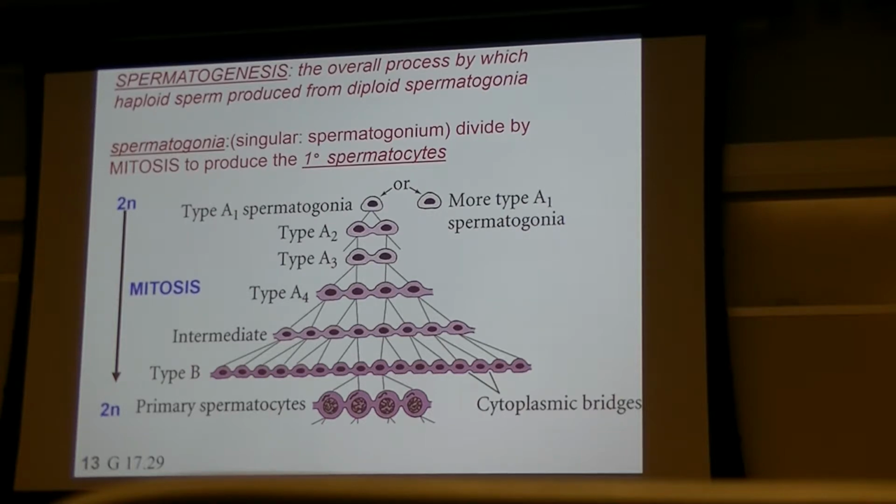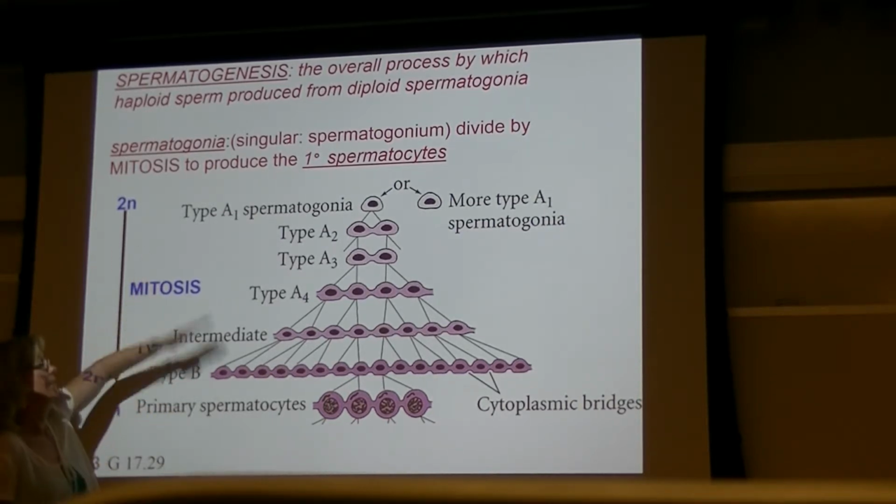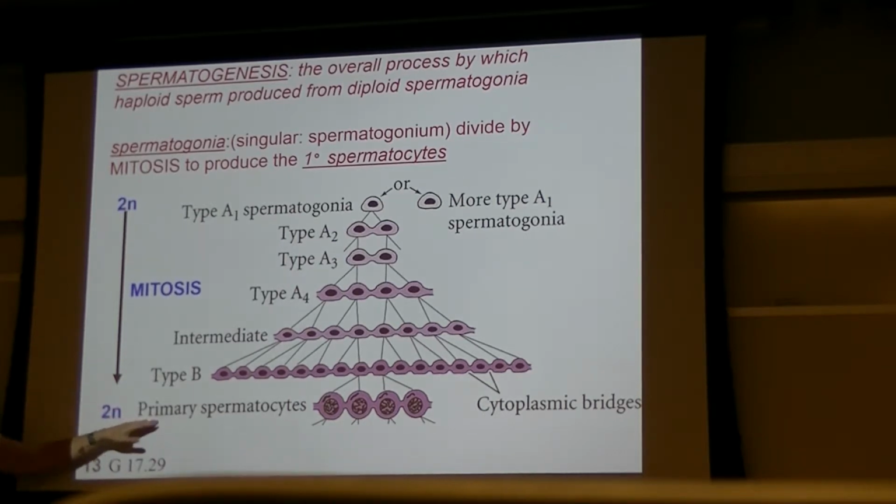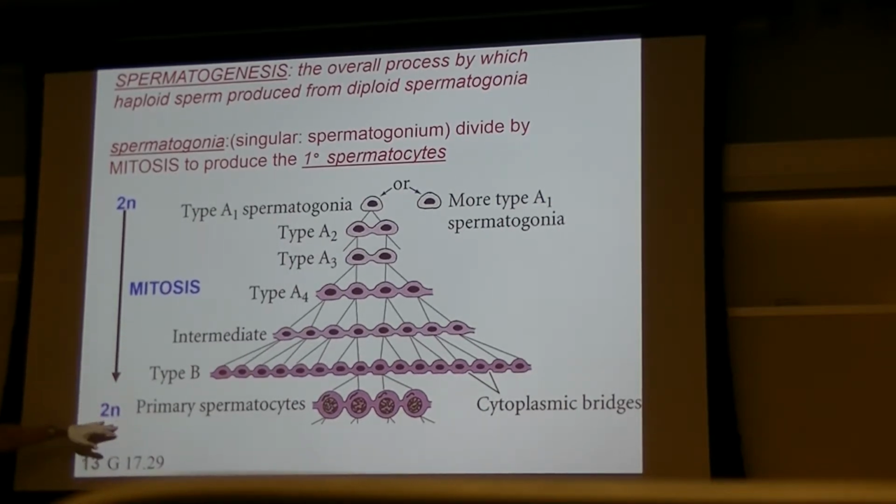And interestingly enough, they also retain a little bit of a cytoplasmic connection from one cell to the next, and that might actually help them divide in synchrony here. You don't need to know all these little A1, A2, A3 business, but after several rounds of mitoses now, we're going to get to the primary spermatocytes, as we just said, and once again, these are diploid cells.